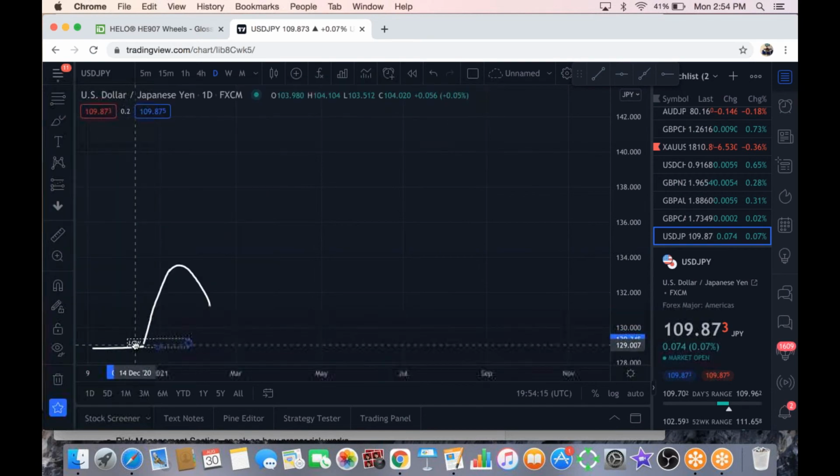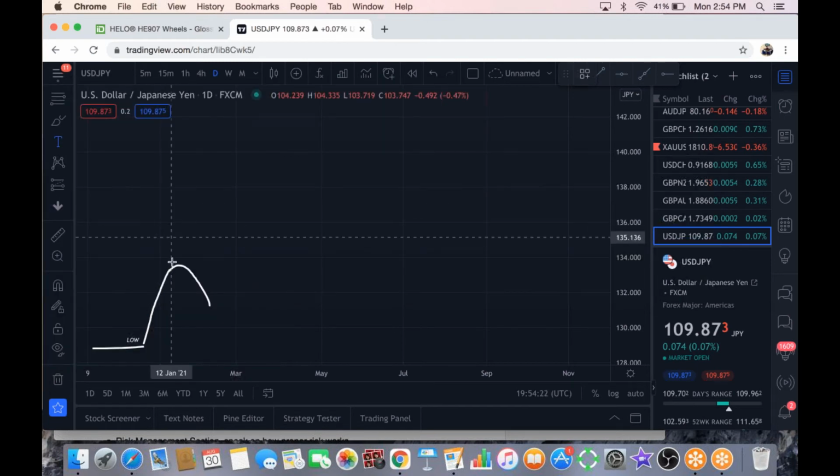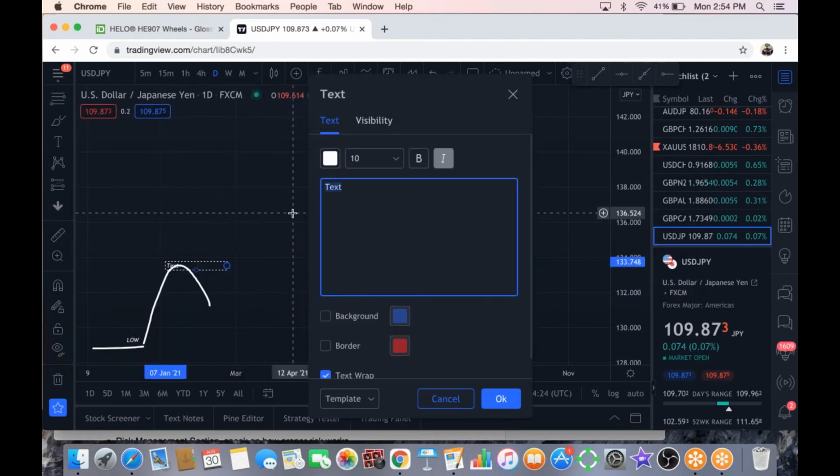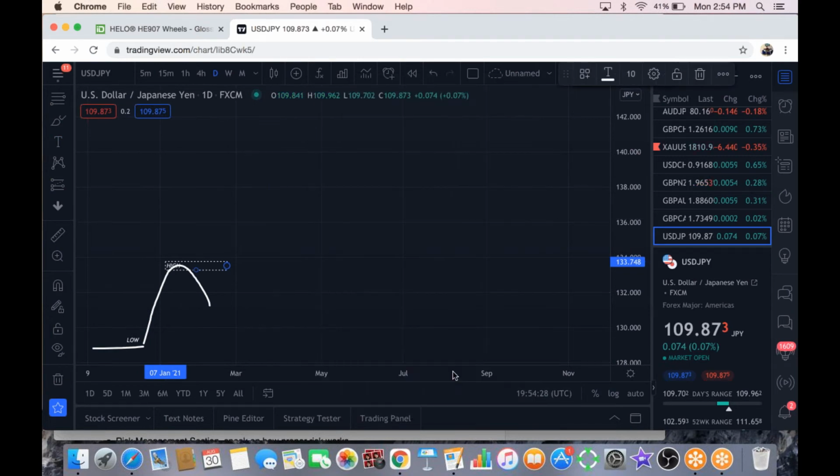So we can see that right there. This right here is the low point. And then this right here, as we go up to here, this is the high point in the market. So this becomes the high at this level. Now, when this gets created, this is a movement of funds.